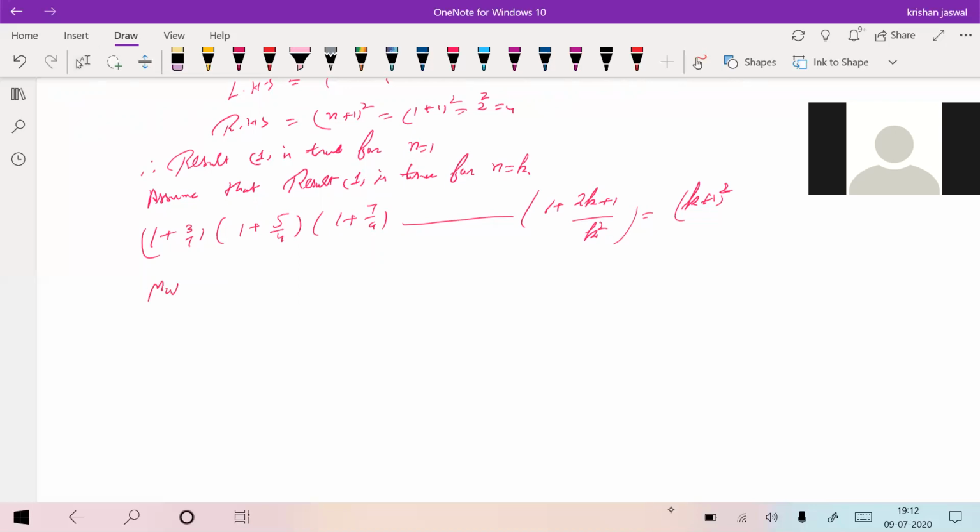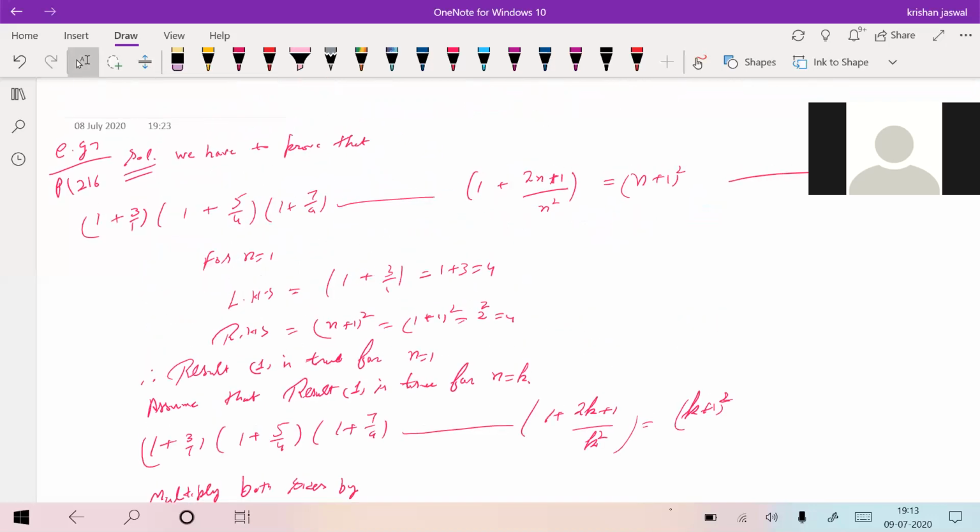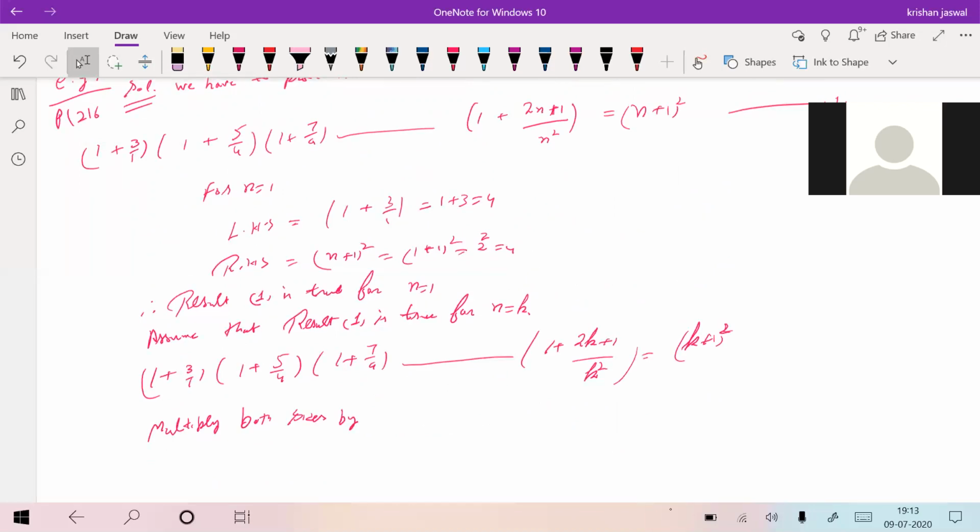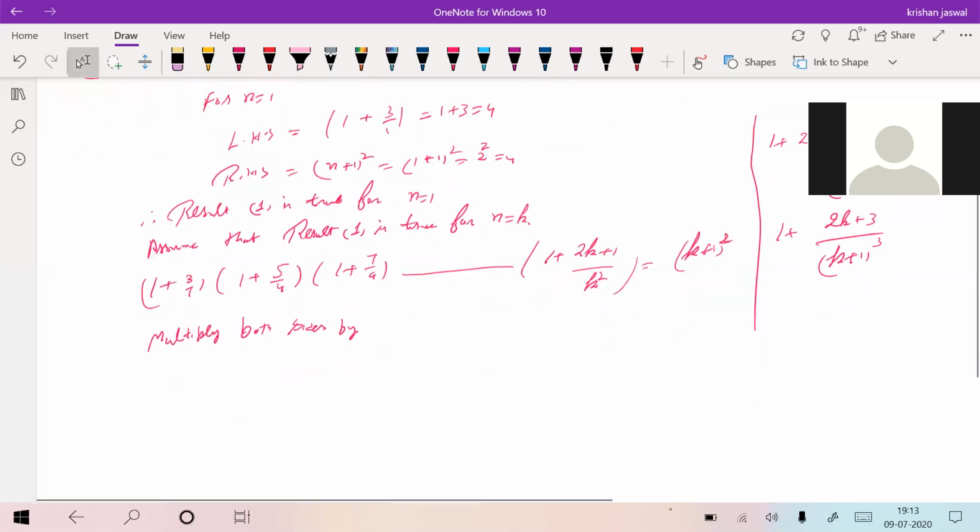Multiply both sides by (1 + (2k+3)/(k+1)²). Here 2(k+1) + 1 gives 2k + 3 over (k+1)².